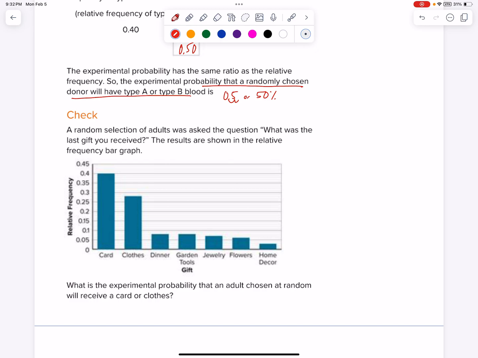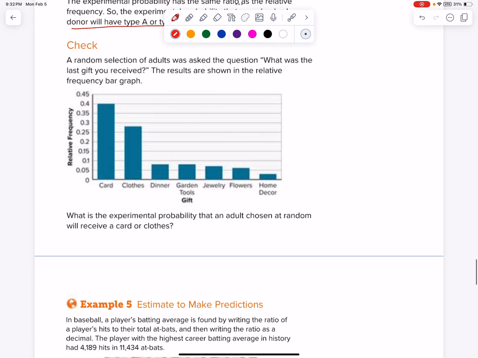So what I'd want you to do, though, now that we're talking experimental probability, is we should put a P, which means probability of, and then for the event, we say card or clothes. And there's a symbol for that, but we're going to just say that for right now. And then we put equals. And this is where you list that experimental probability, okay, with an actual event listed in front of it.